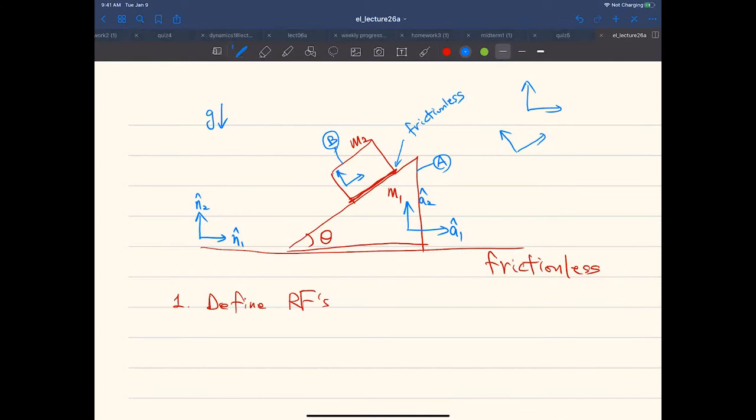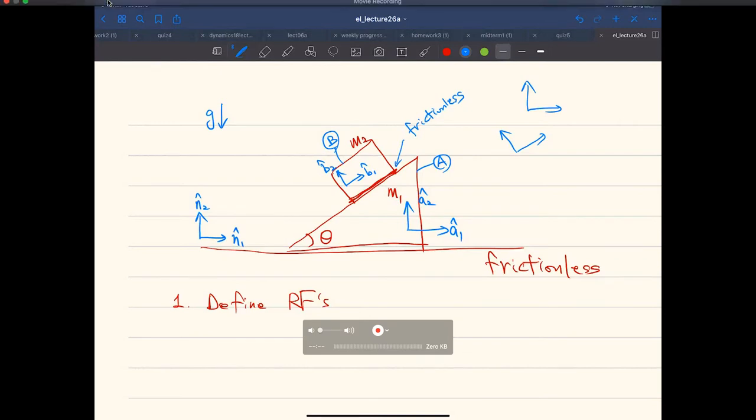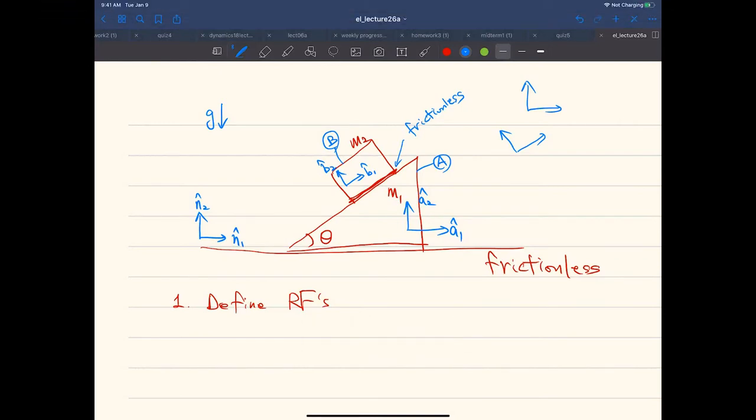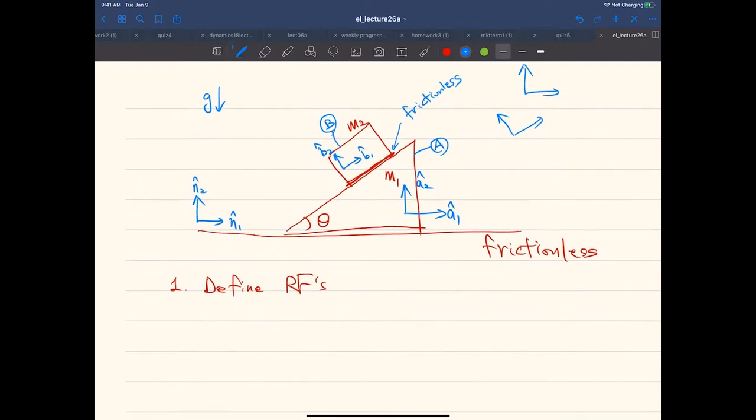So we have B1 hat and B2 hat. Okay, so we're done. We defined reference frames.